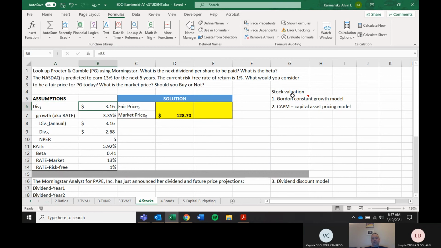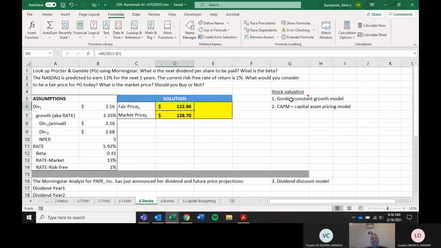So how do we put this all together now? The Gordon constant growth model says we're going to take that dividend, divide it by the rate that we expect, and subtract off the growth.